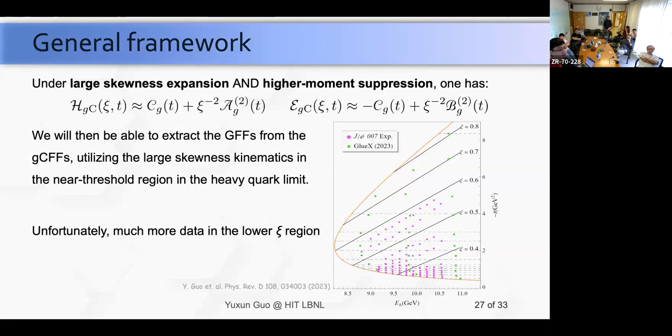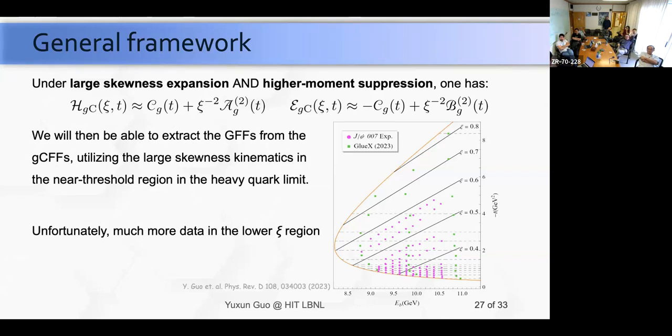If you can approximate the real part of the amplitude using those coefficients, which are in principle related to the gravitational form factor as we showed, you can utilize those functional forms and essentially relate all this production data with the gravitational form factor that's encoded in those coefficients. Unfortunately, when we do this, we utilize a large C expansion.